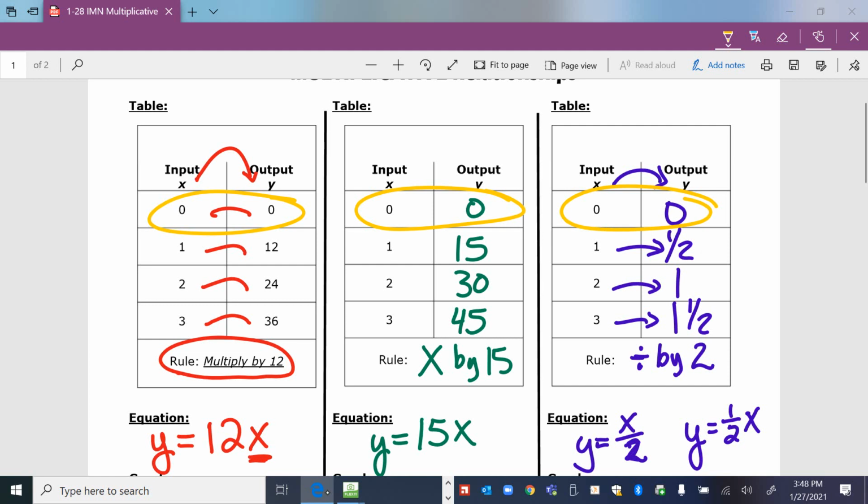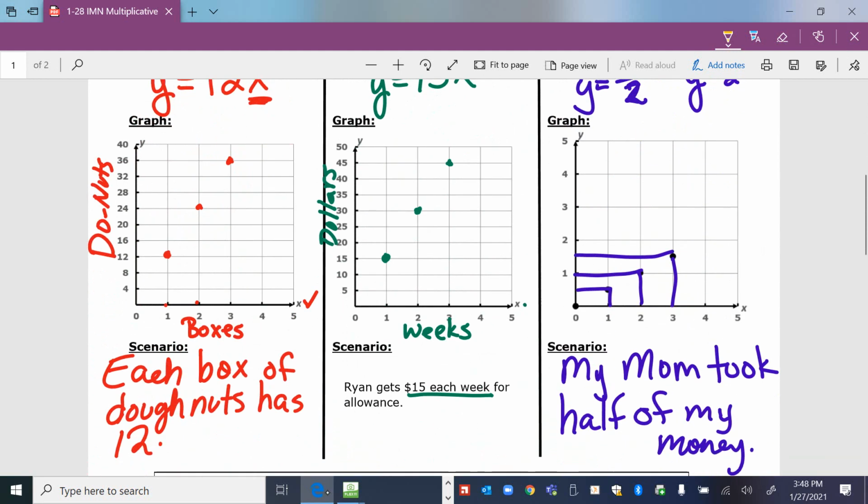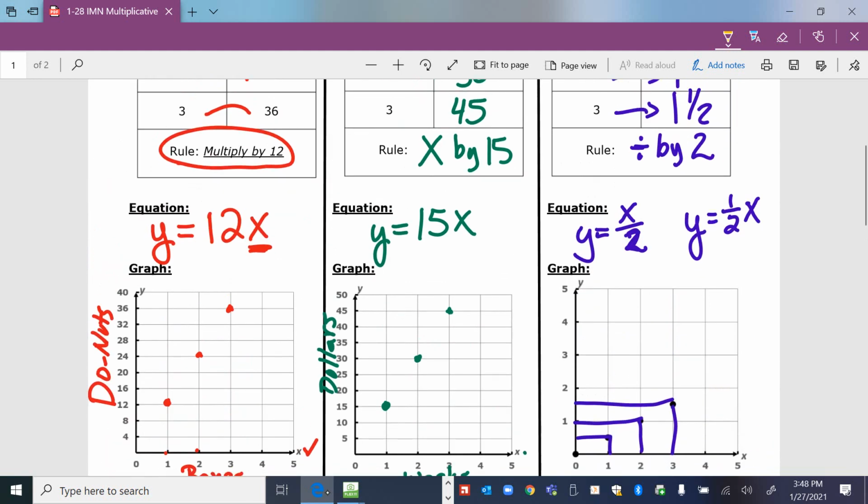Then, as I go down into the equation, if you notice, the number and the x are right by each other. Even 1/2 x, or x over 2, they're right by each other. They're not separated with a plus or a minus. Then in the graph, if I were to draw a line through all of the points, boom, they all go through 0, 0.